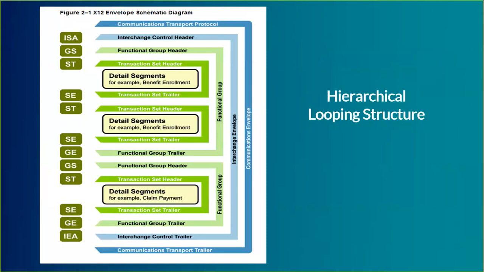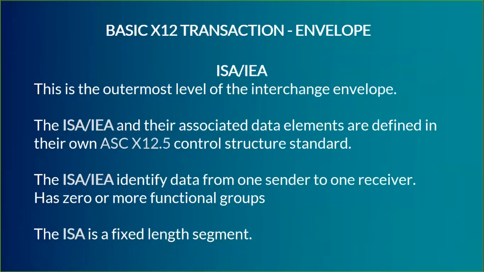Okay, when we look at the ISA, or if you remember the most outer level next to the communication transport, what you're looking at is the ability to define who you're sending it to and how many different parts and pieces within that entire transaction you have. The ISA is the beginning and the IEA is the end.